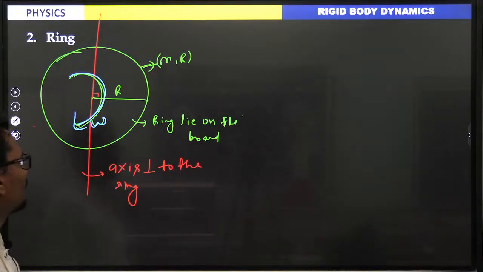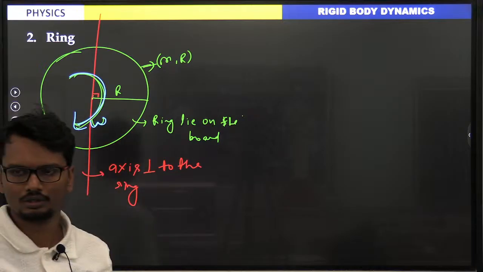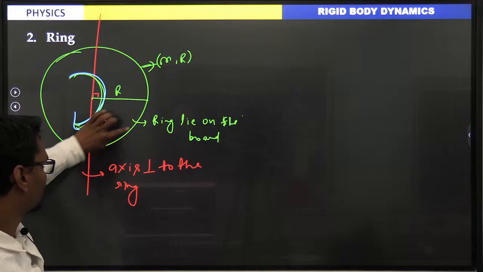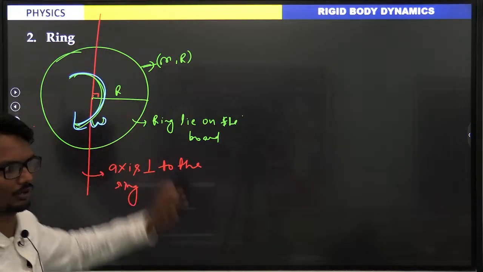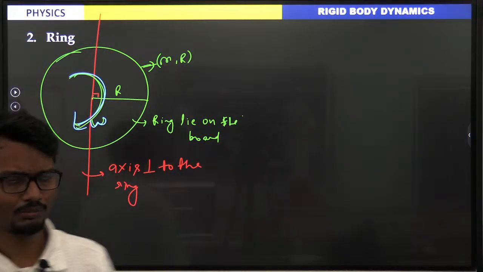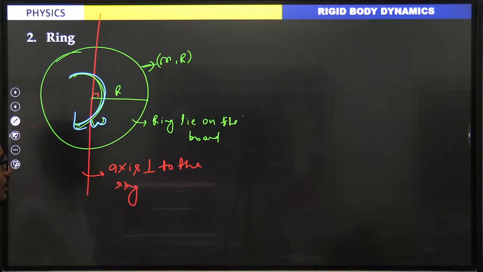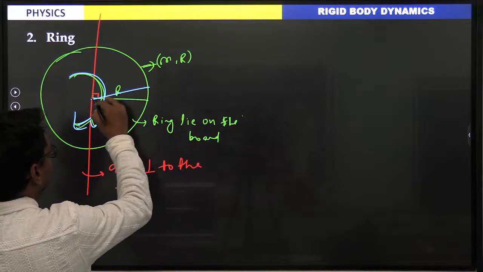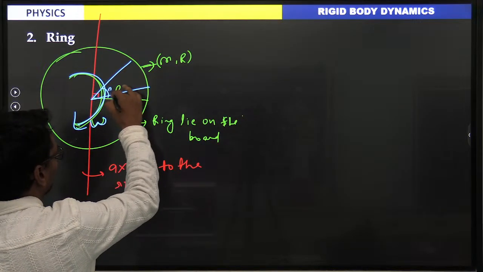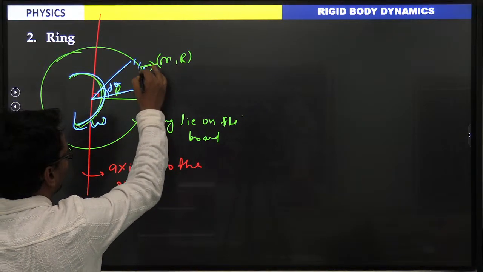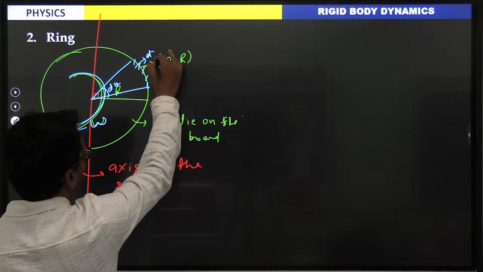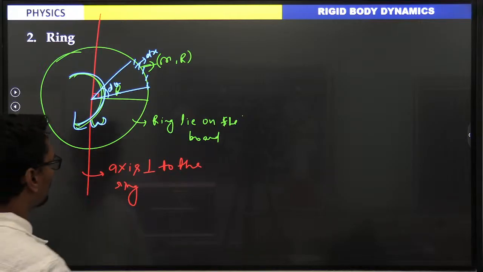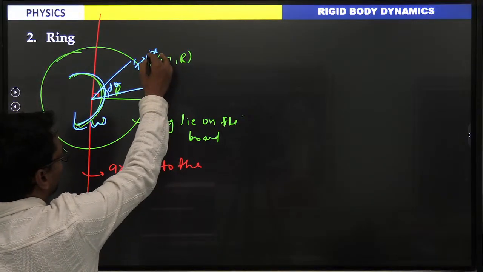Then how will I calculate the moment of inertia of this ring? You can look here: this is the ring, uniformly distributed continuously in this way. The process is the same. We cut an elementary part, dx, and first we need to find the mass of this dx part.